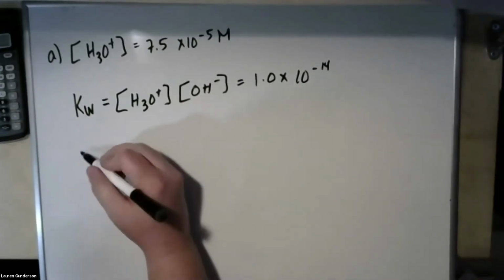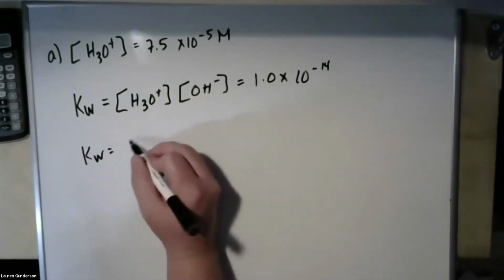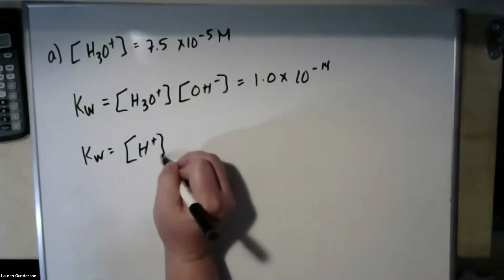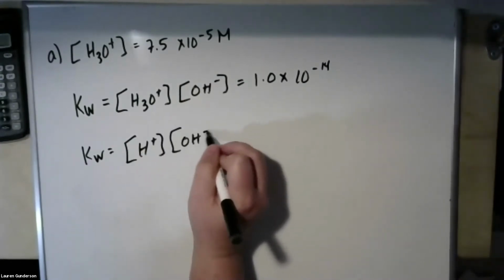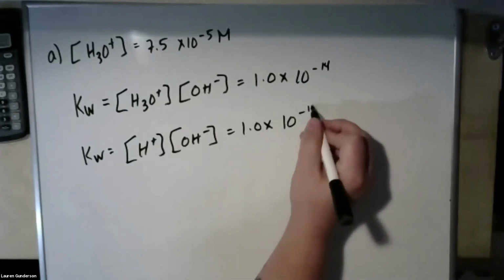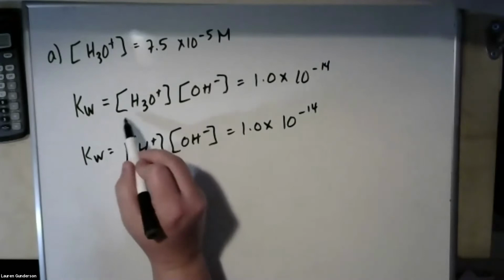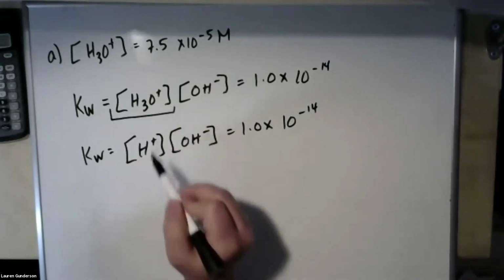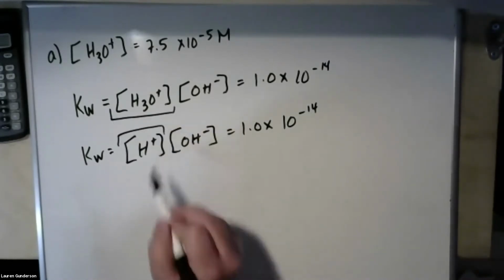Just to be clear though, you may also see it written like this, and this means the same thing. This is your hydronium ion, and this is your hydrogen ion.